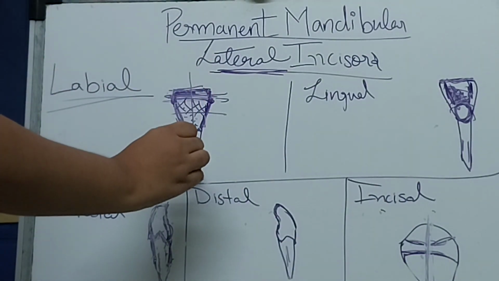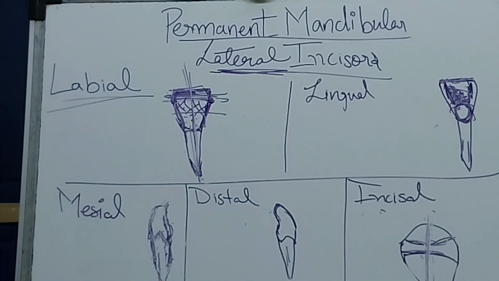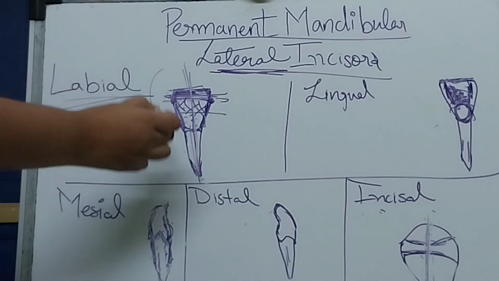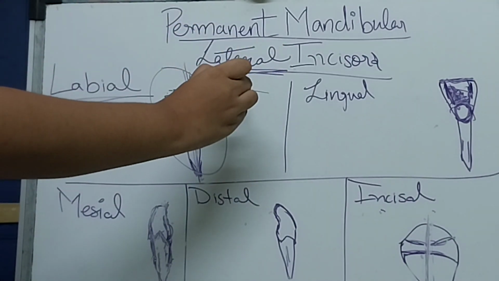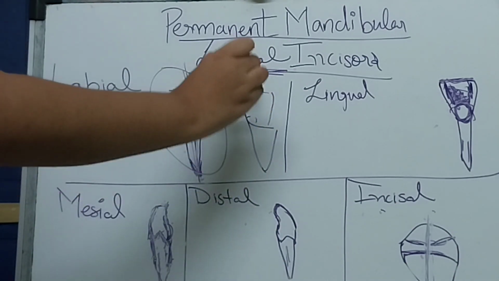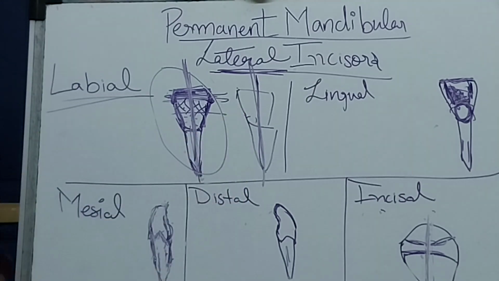So this is called a root axis, and it is parallel. Supposing this is my lateral incisor, and I can draw a central one over here too. So their root axes are parallel. This is the meaning of this statement.